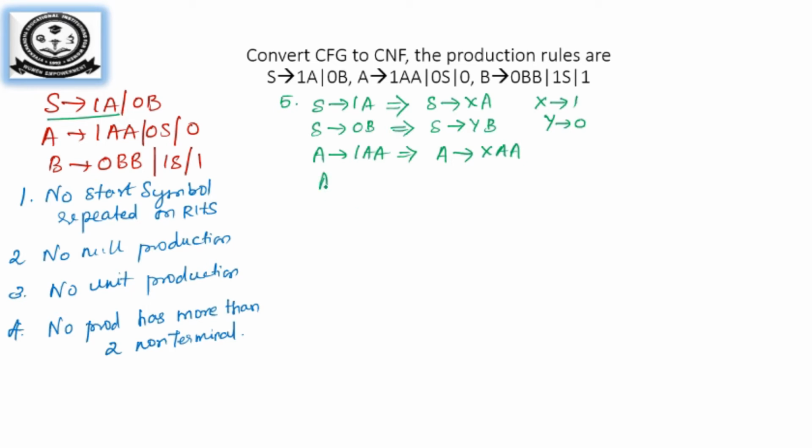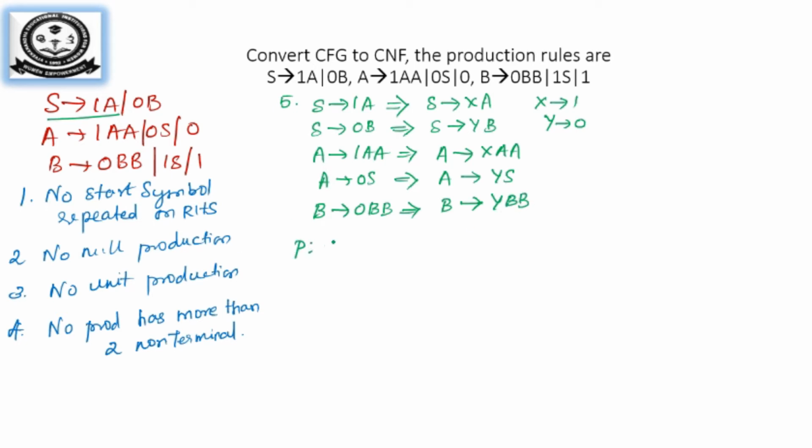Similarly, A tends to 0S, which is not in the proper form, will be converted into A implies YS, where Y tends to 0, so you replace 0 with Y over here. Similarly, B is of the form 0BB, so you can replace it with B implies YBB.